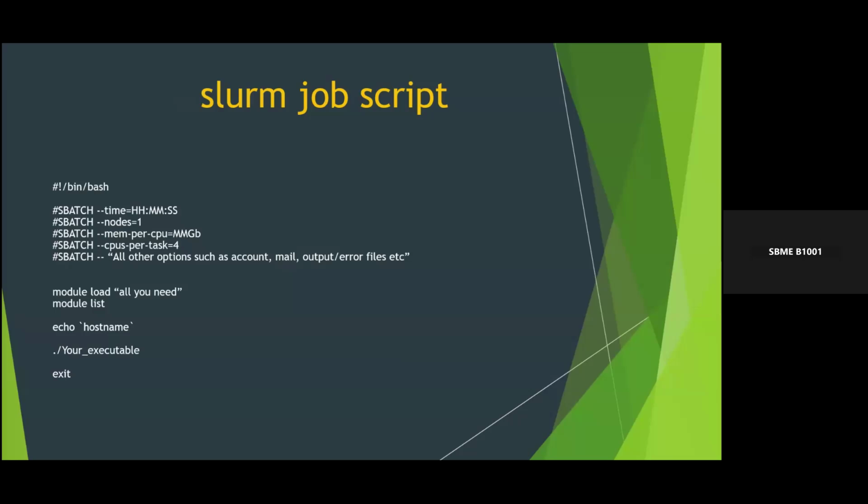Typically, the most popular scripting shell is just bash. So we will write what we want to do in bash. Then this segment where you have the hash and sbatch, these are the directives to the scheduler, and they are describing what you want.